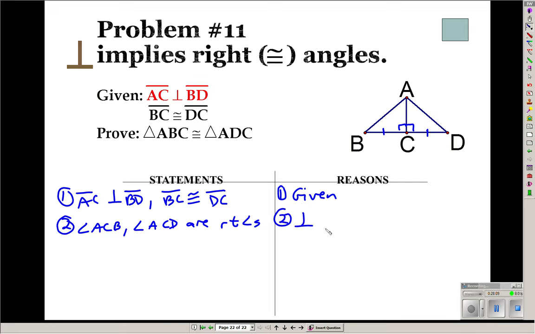And that's because perpendicular lines form right angles.